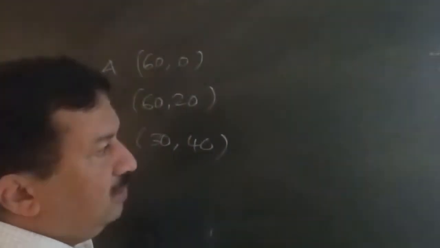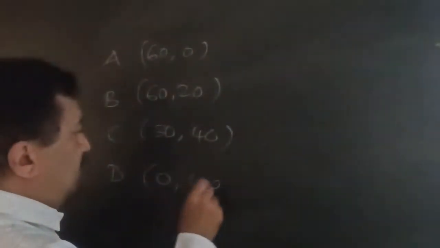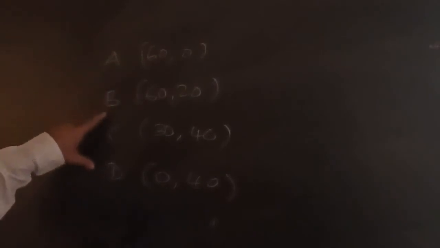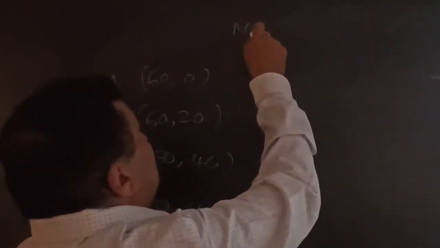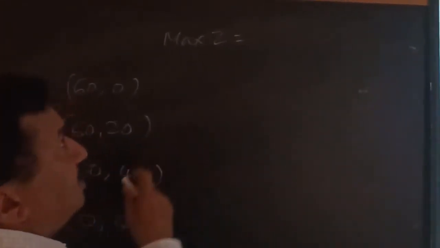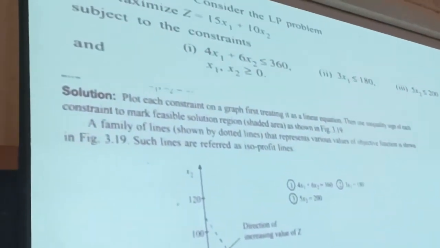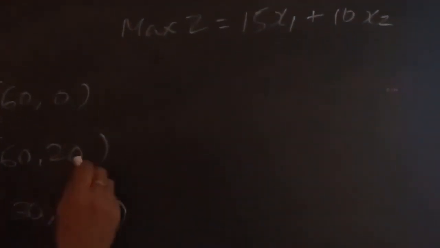And the last one is 0, 40, point number D. These are the coordinates of A, B, C, D, the corner points of our solution space. Let us write the maximize function. Maximize z equal to 15x1 plus 10x2. That's our maximization function.